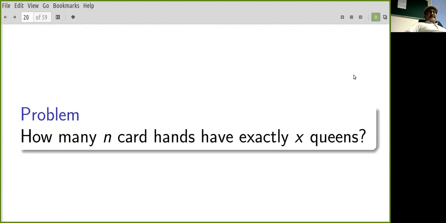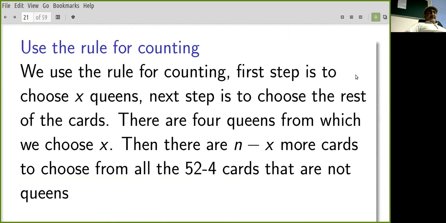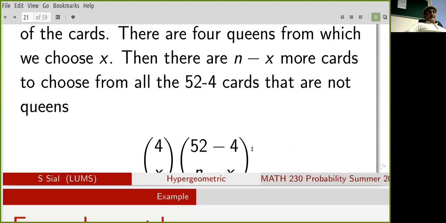How many n-card hands have exactly x queens? So x could be 0, 1, 2, 3, and 4. Well, out of 4 queens, we have to choose x queens. And then we have to choose from the non-queen cards, so that would be 52 minus 4.